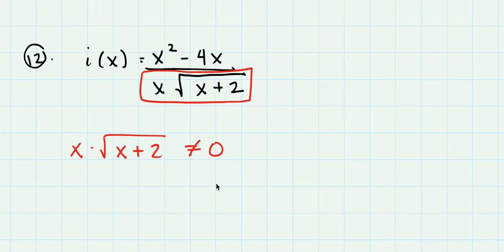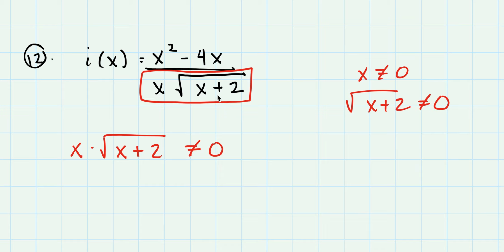First off, whatever is here, this x can't be 0, and this piece can't be 0. So x can't be 0, and the square root of x plus 2 can't be 0.